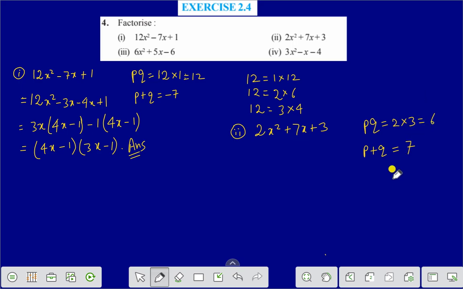We find the factors of 6: 1 into 6 is equal to 6, and 2 into 3 is equal to 6.